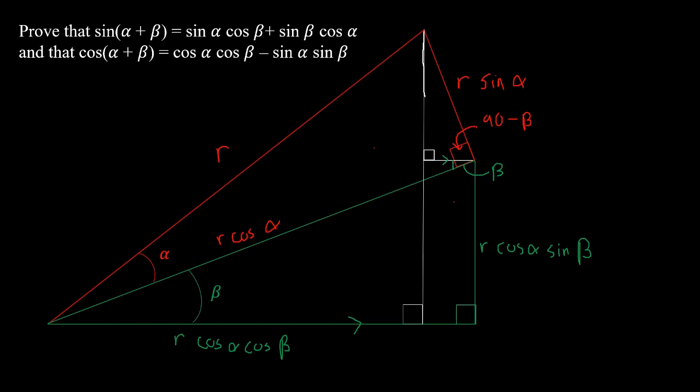We also have 90 degrees over here, and 90 degrees minus beta over here. So what would this angle over here be? It would also be beta, because the angles in a triangle must add up to 180 degrees. If you have 90 plus 90 minus beta, this angle right over here has to be beta.